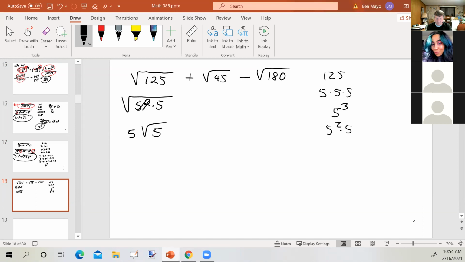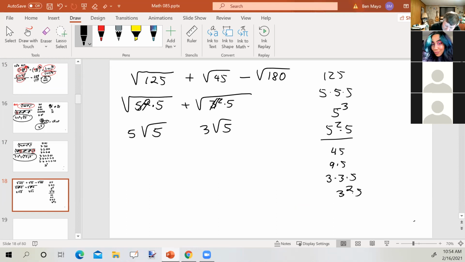You okay with that? Next, we've got 45, which is 9 times 5, or 3 squared times 5. So plus 3 squared times 5, but the square root of 3 squared is 3 on the outside, so plus 3 square roots of 5.